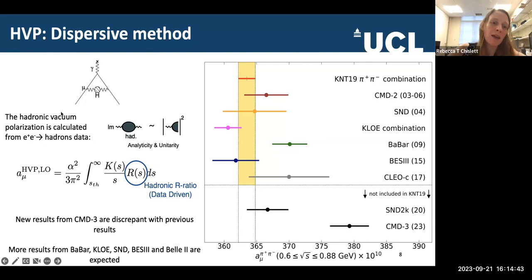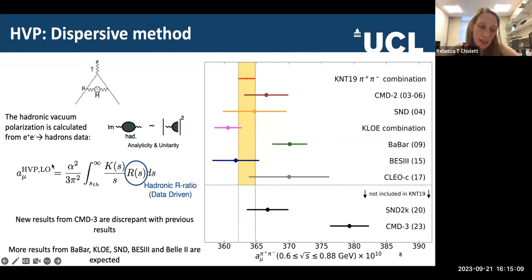The way that this was done for the white paper was using a data-driven method or dispersive method. You take this loop here, and if you cut it in half, you can use e+ e- goes to hadrons data. So it's data-driven, and you can use that to calculate your theoretical prediction.